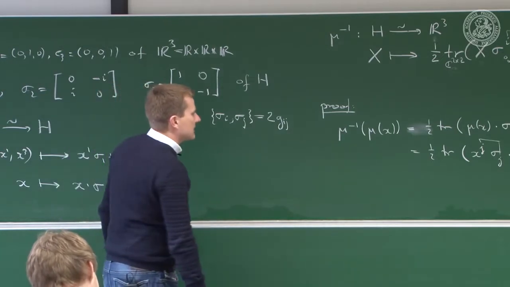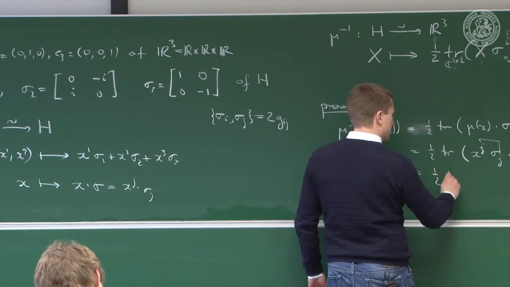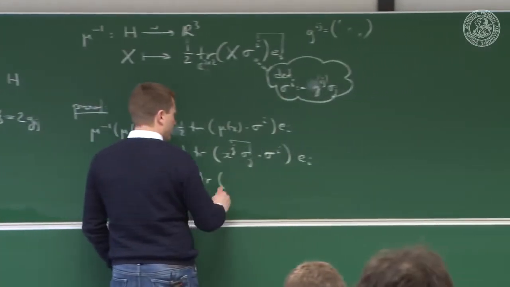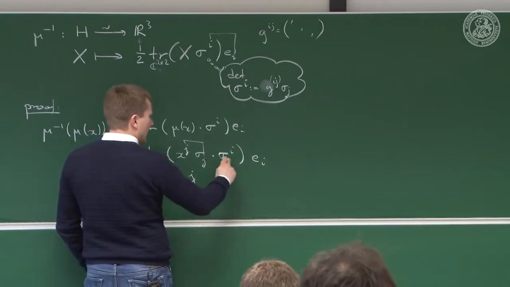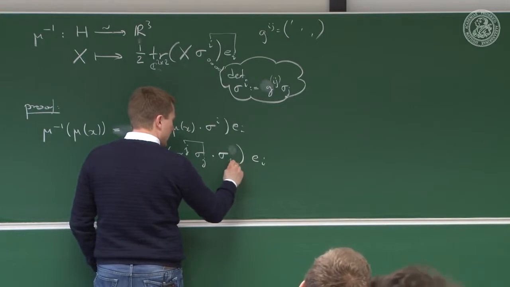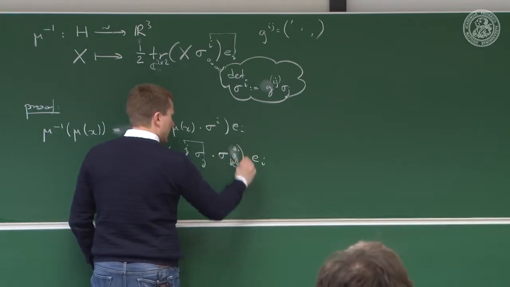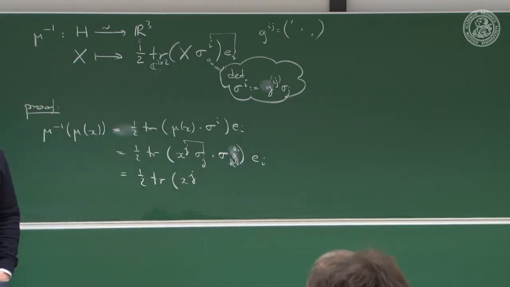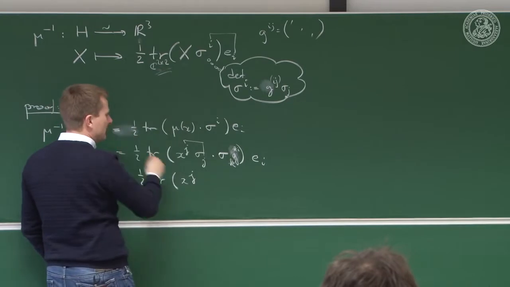So that means that here, because of the cyclicity of the trace, we have, of course, x up j. Well, I can write down here delta I down k if I write g^ki up here. You agree? But then this is the trace over the 2 by 2 complex matrices.